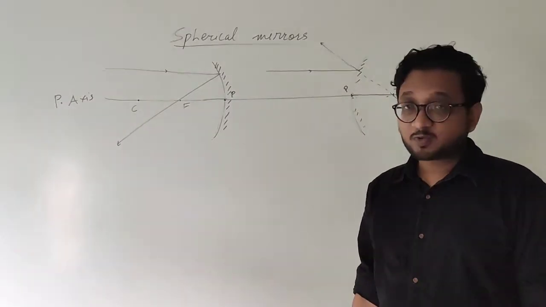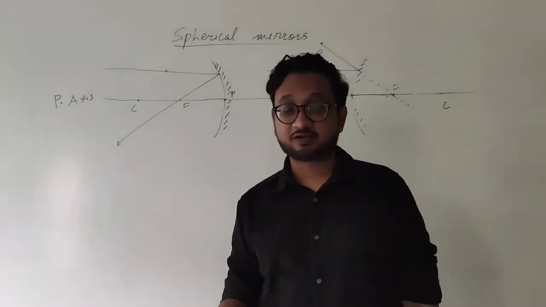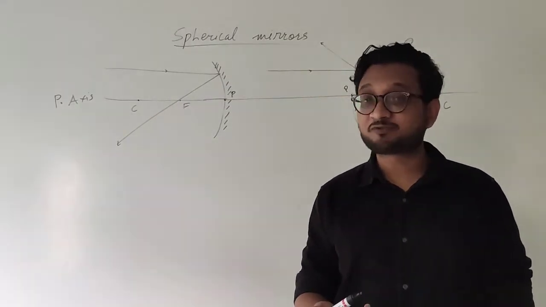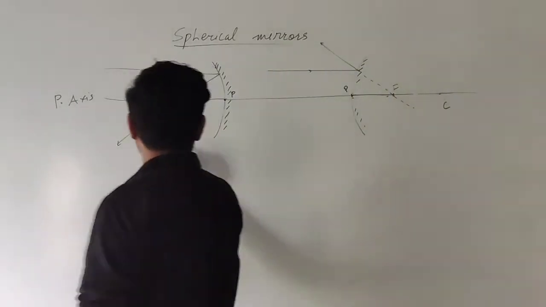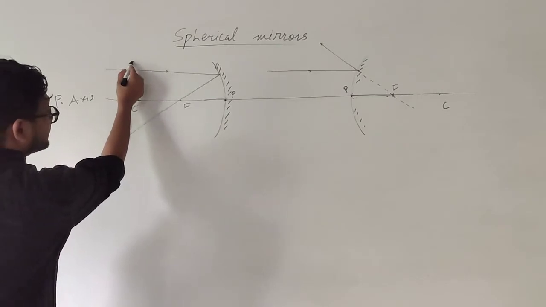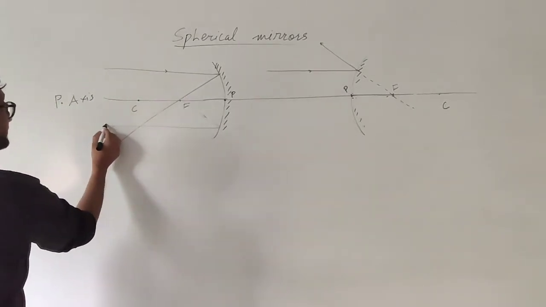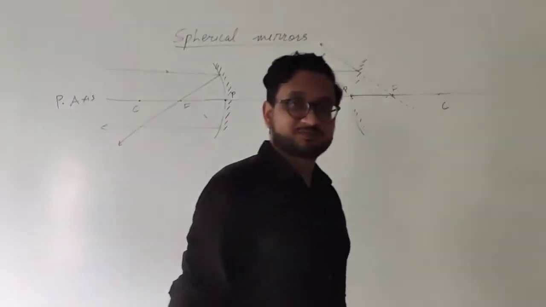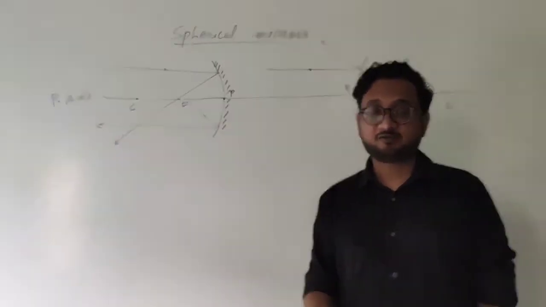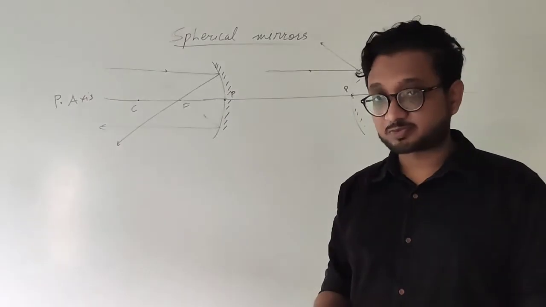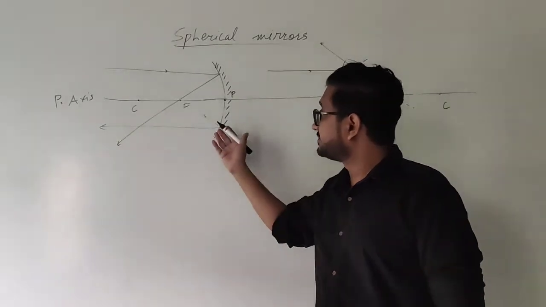Okay. The next one is the exact opposite. When a ray of light passes through the focus, so let's say we have a ray of light that passes through the focus like this, then it will become parallel.